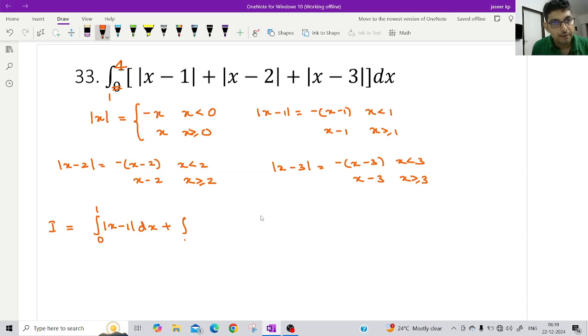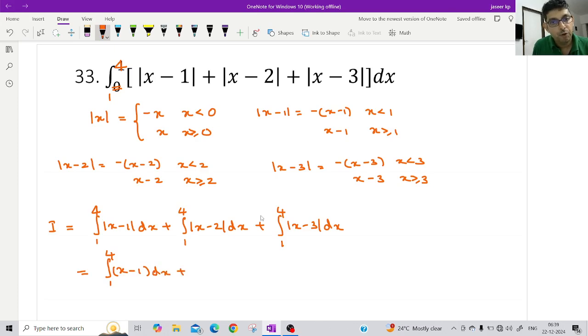So that means here it will be 1 to 4 modulus of x minus 1 dx plus 1 to 4 modulus of x minus 2 dx plus 1 to 4 modulus of x minus 3 dx. Now 1 to 4 means it is starting from 1 only. So that means if you use the definition of modulus, it will become x minus 1. No need of separation here.